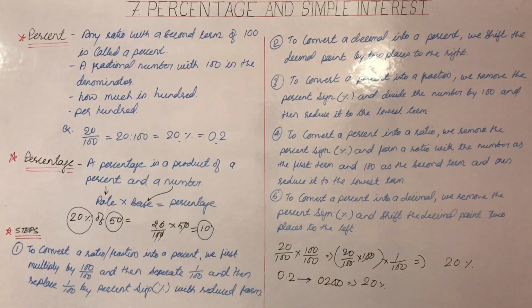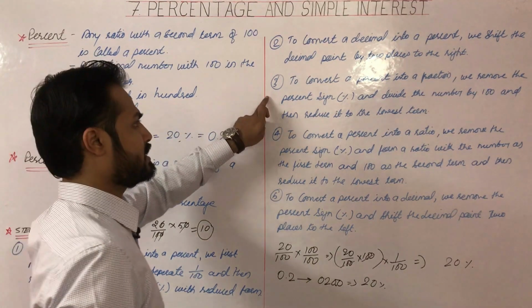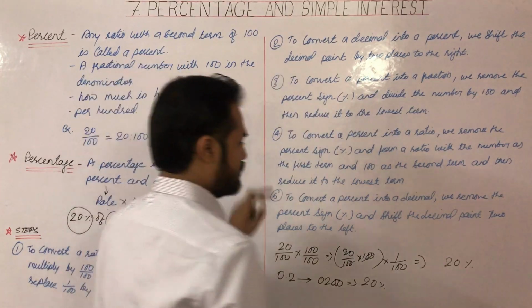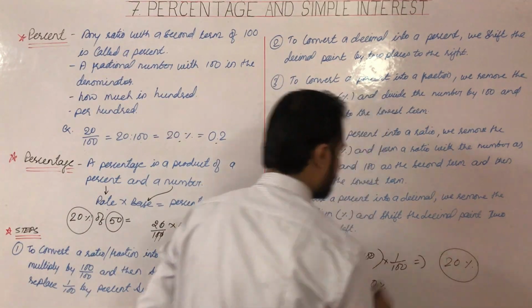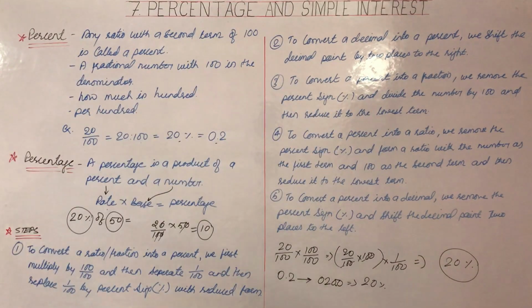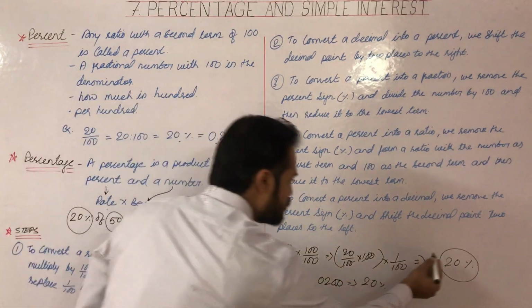Then third step, to convert a percent into a fraction, we remove the percent sign and then divide the number by 100 and then reduce it to the lowest term. So again, for example, 20%, we remove the percent sign and divide the number by 100.